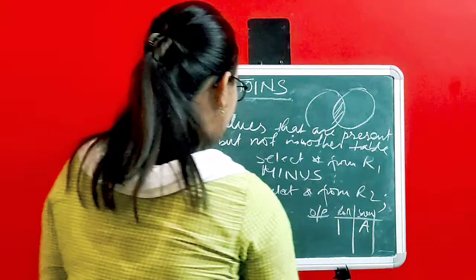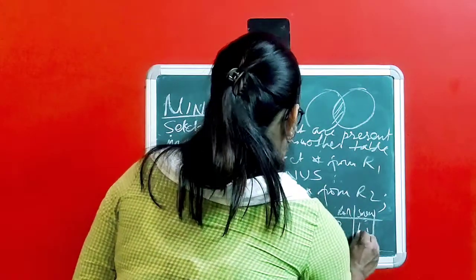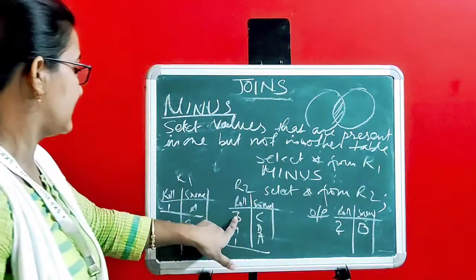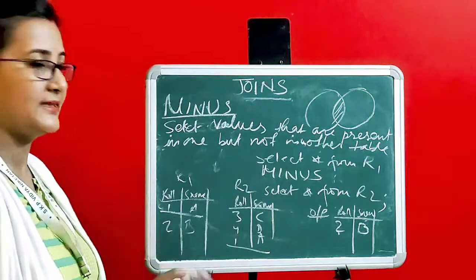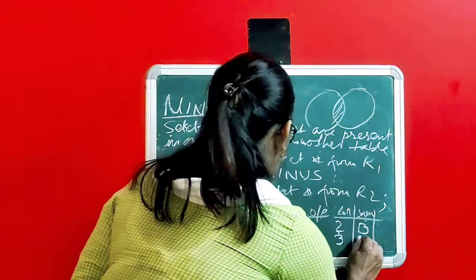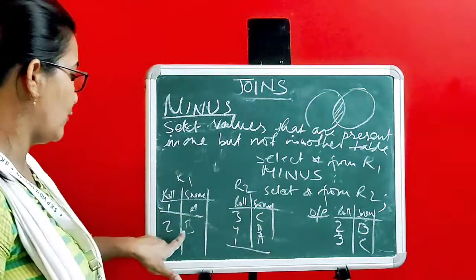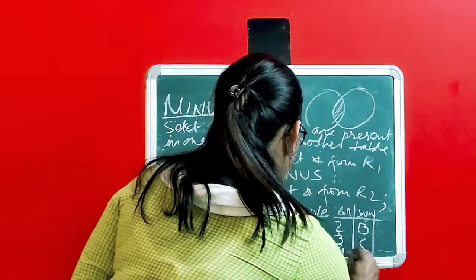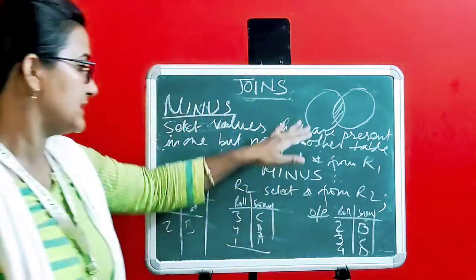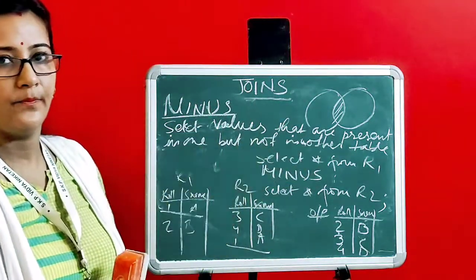No, so it will come as an output, 2B. Again 3C is present in this table but not in the other, so 3C will also come. After that 4D is also not present in the other table, so 4D. This is the output for the minus join.